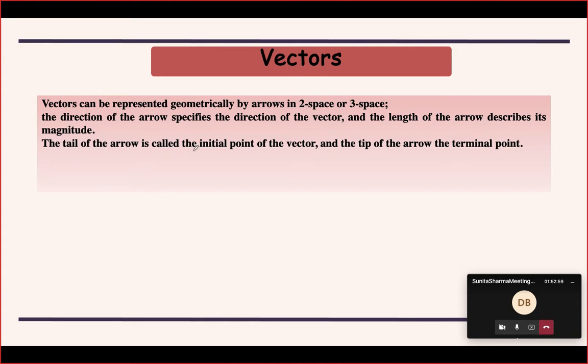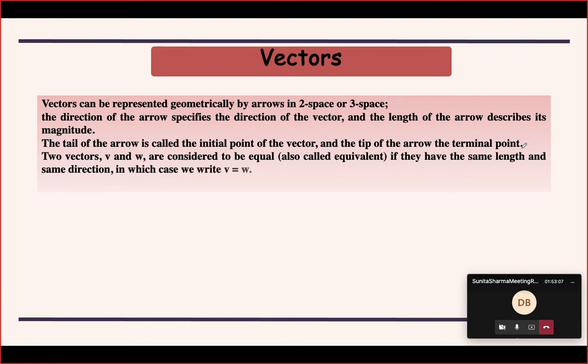The tail of the arrow is called the initial point and the tip of the arrow is called the terminal point of the vector. These are some terms which we use. We say two vectors are equal, or equivalent, which is another term used, if they have the same length and the same direction. In that case we will write vector v is the same as vector w.